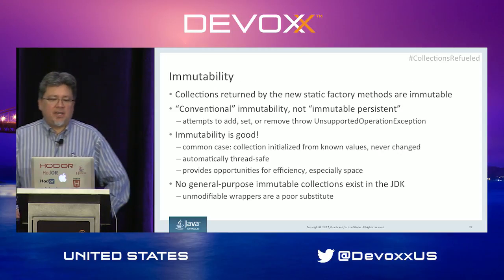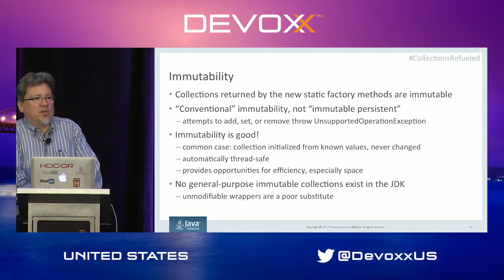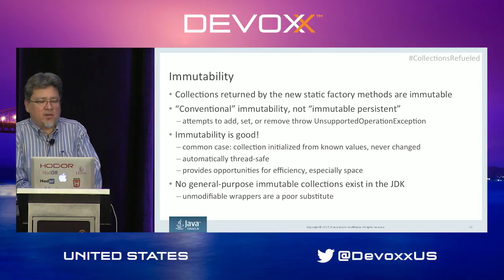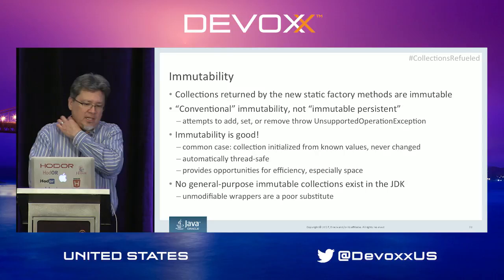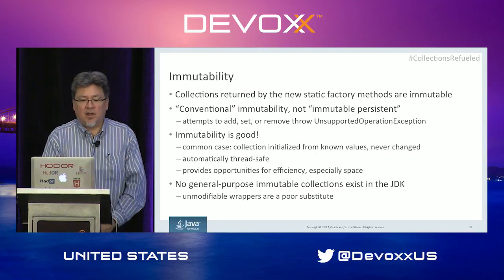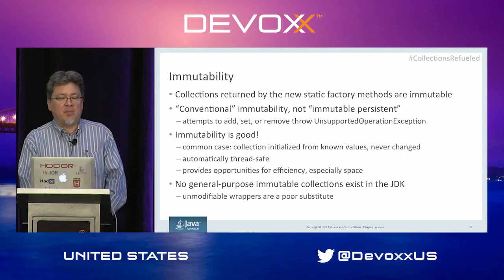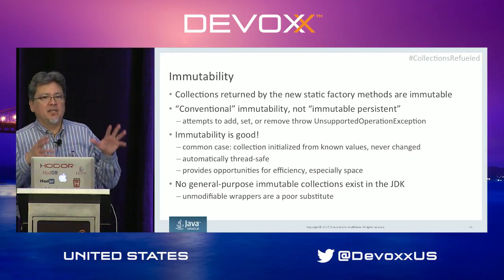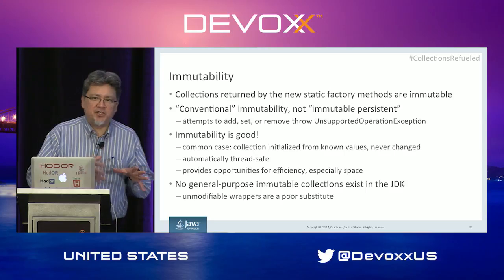All right, so here's something fairly new in the Java world, which is immutable data structures. The instances returned by these new methods are immutable, which means that you cannot modify them. I want to stress that this is what I would call conventional immutability.